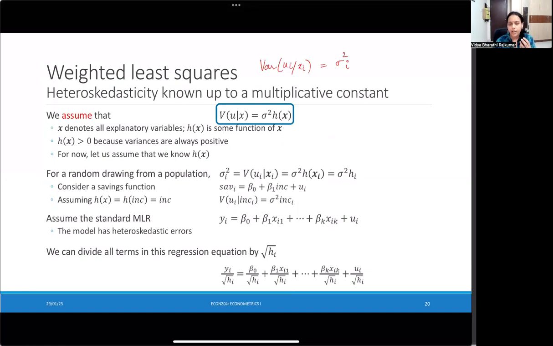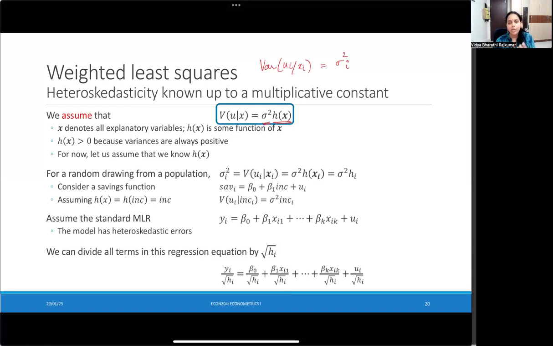Now, suppose we are able to pin down how this variation happens using some functional form of x. I'm now going to rewrite my variance of the errors as sigma squared multiplied by some function h of x. Sigma squared is a constant, h of x is some function of x.